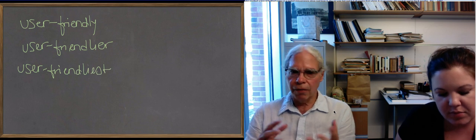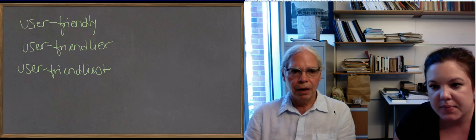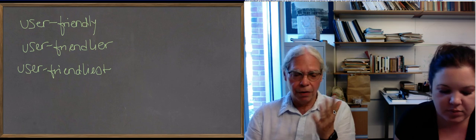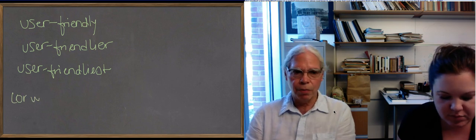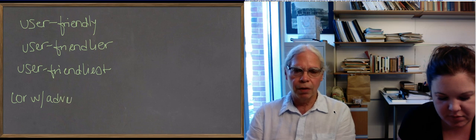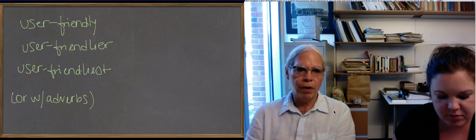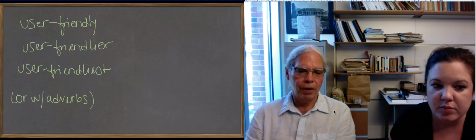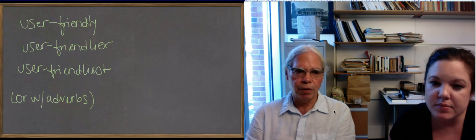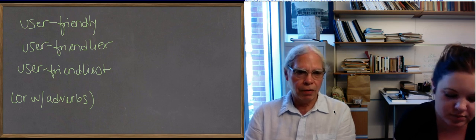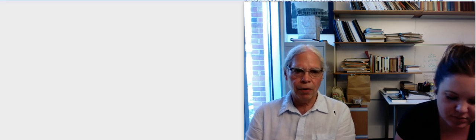Okay, so you have these three ways of doing it. Those three forms are what you have in Greek as well. So you have adverbial ways of doing comparison and suffix forms of doing comparison, and the suffix forms like friendlier and friendliest.